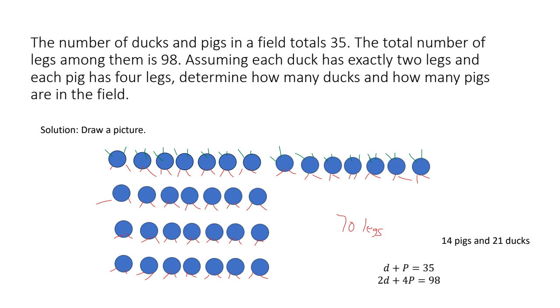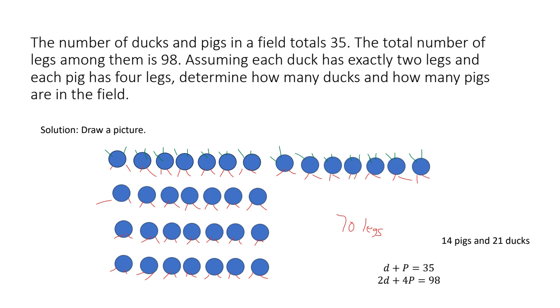Another way of solving this question is by creating a system of equations. If you want to find the number of ducks and pigs, you could set up an equation. D represents ducks, P represents pigs. So if you add D plus P, that has to give me the total of animals, which is 35.